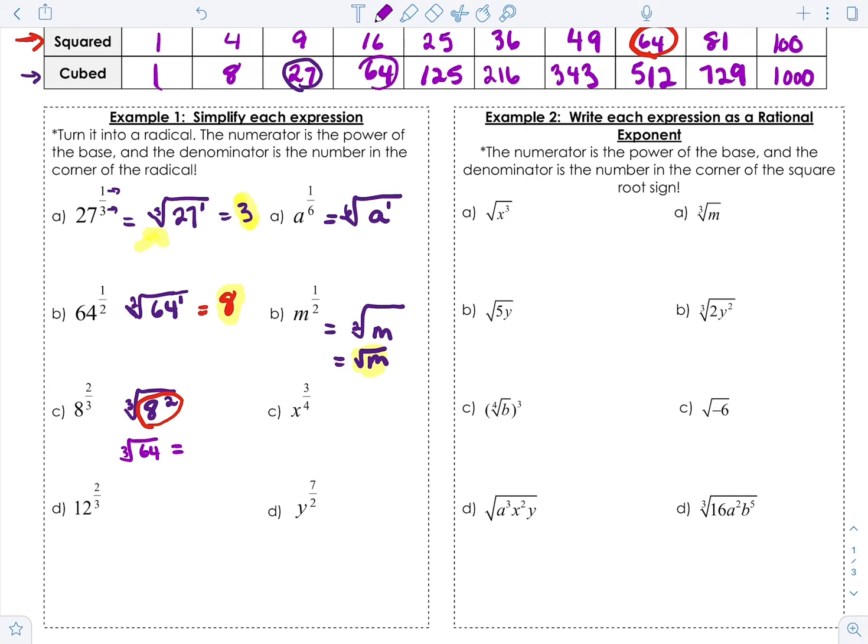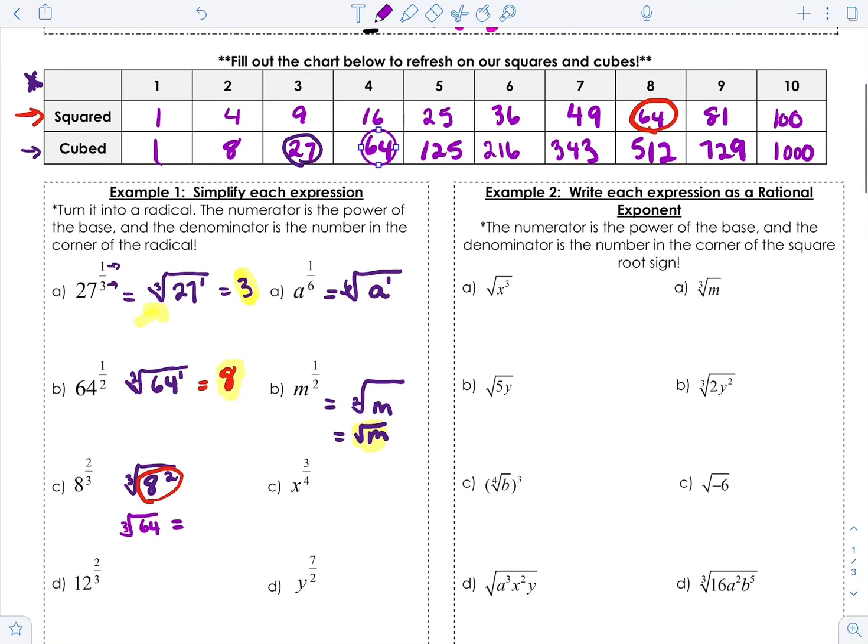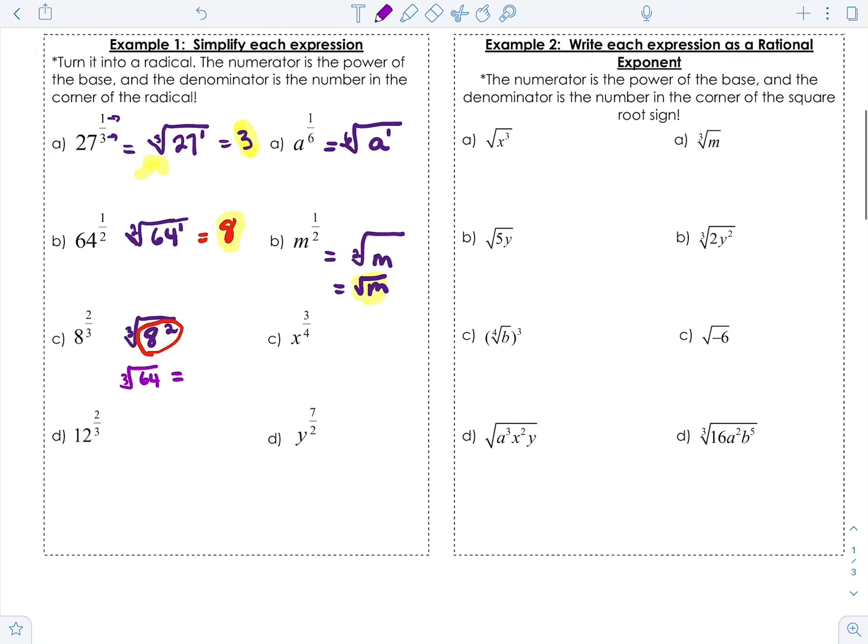And it looks like that answer is 4. So this is our simplified answer. It's 4. 8 to the 2/3. Who would have thought it was 4, right? All right, but it is.